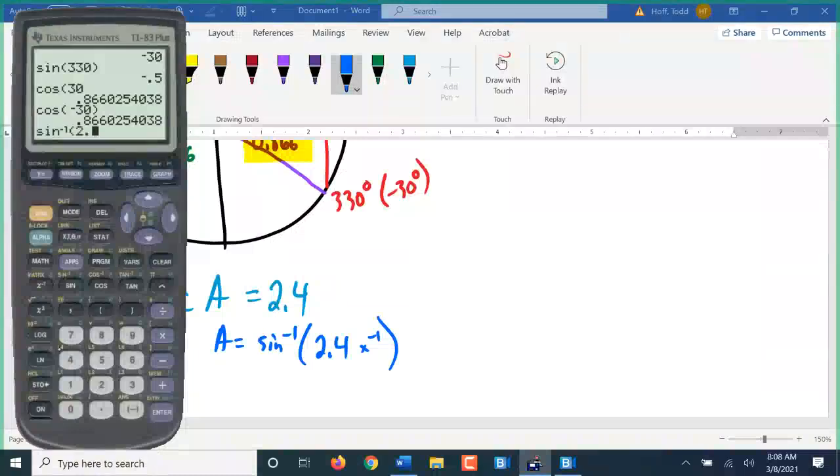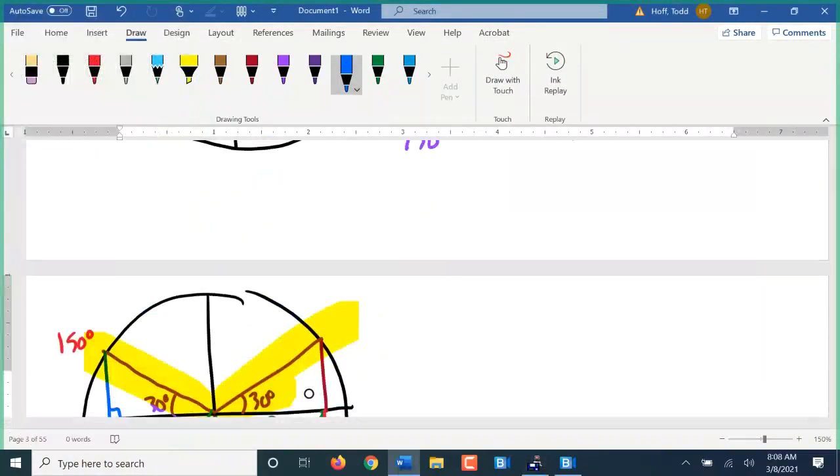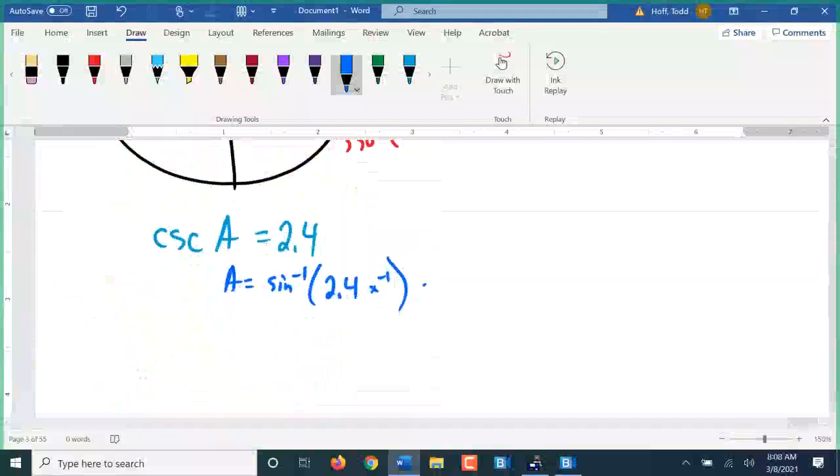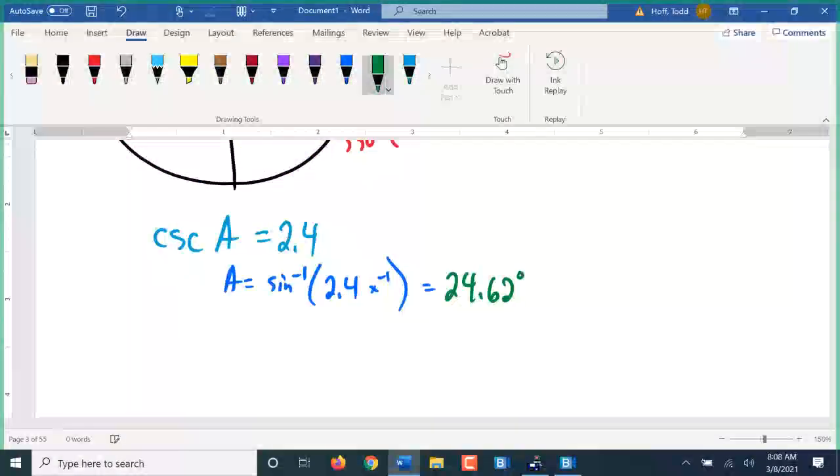I get 24.62 degrees. The other option would be its supplement, 180 minus 24.62, or 155.38 degrees.